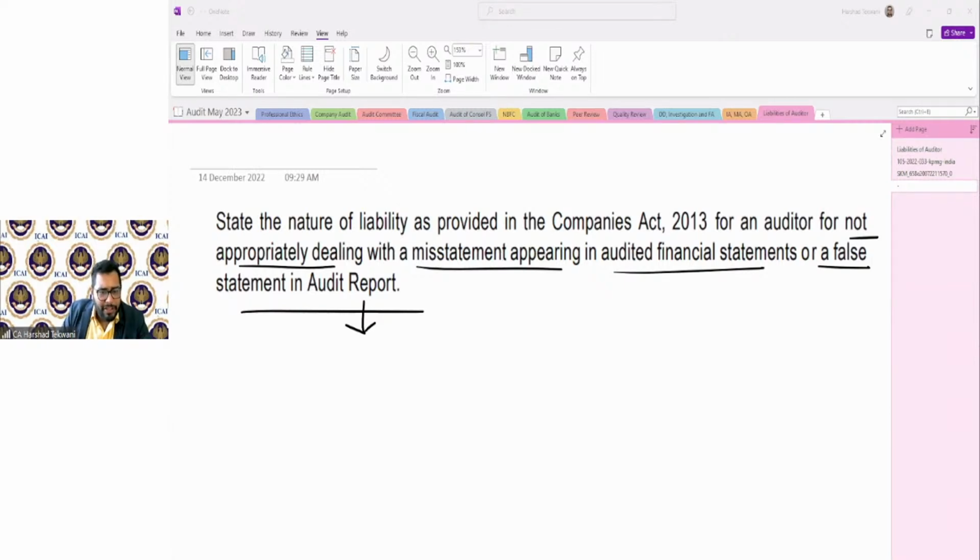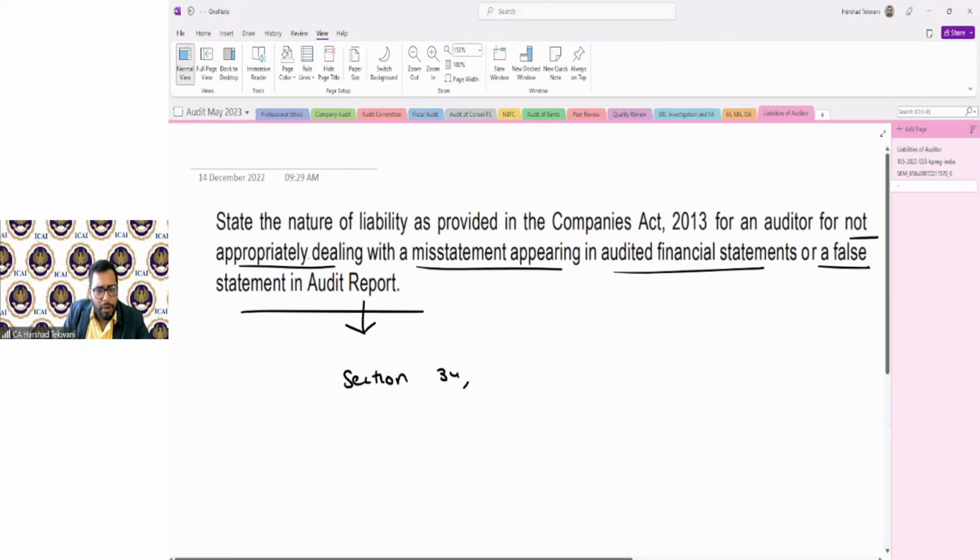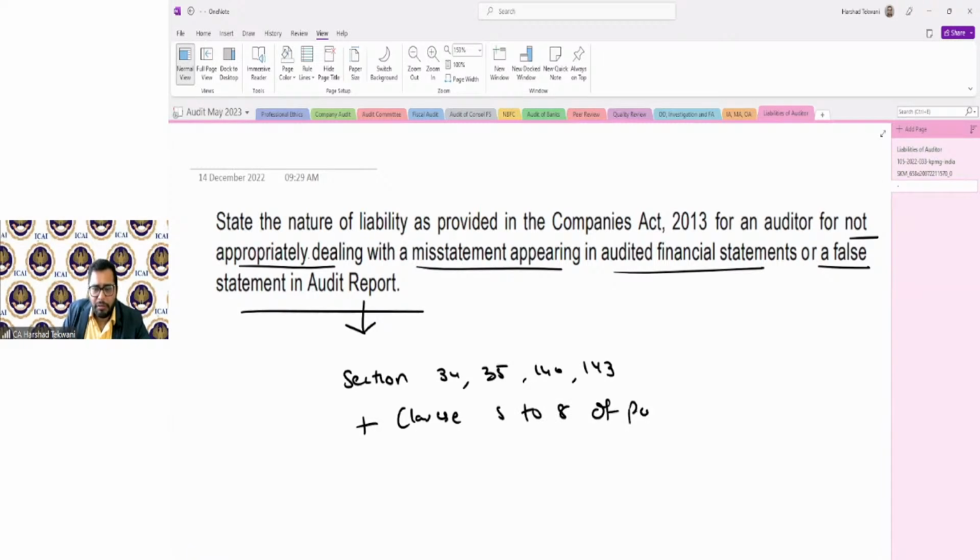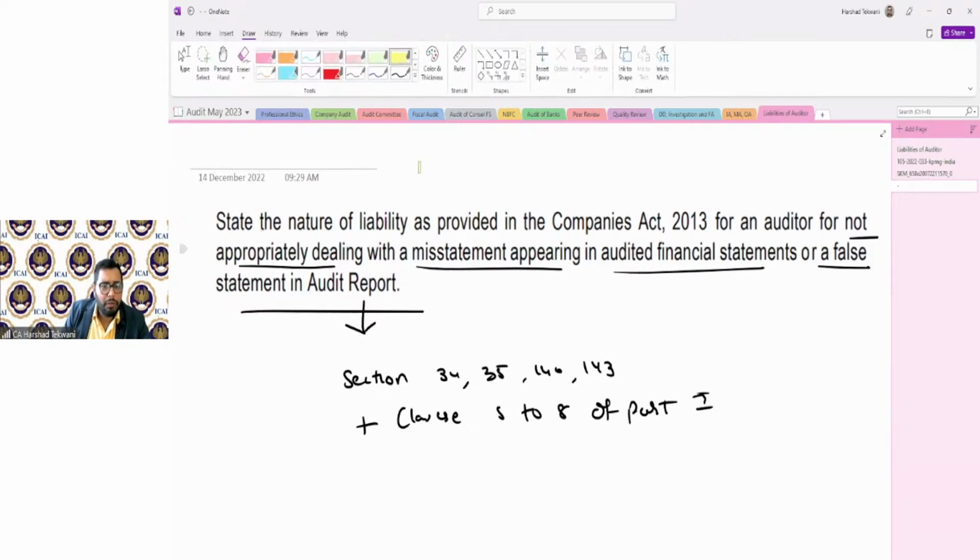And these sections, 34, 35, 140, then 143, plus clauses 5 to 8 of Part 1, are certain areas which deal with the misstatement appearing in the audited financial statement or a false statement in the audit report. So that is one of the areas, one of the questions at least it was.